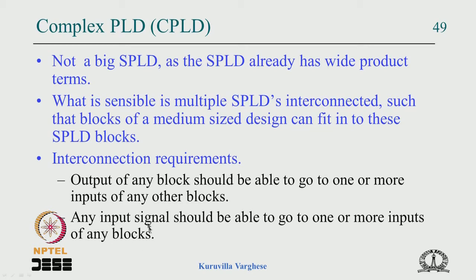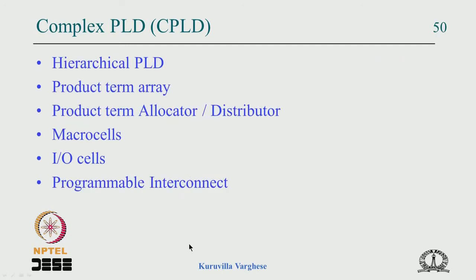Similarly you have input signals, okay, those input signals should be able to go to one or more inputs of any block, okay. And so the complex PLDs or CPLDs are hierarchical PLDs. So these are the simple PLD sections interconnected, okay. So there is a product term array, that is nothing but an array of AND gates, not big numbers like 22V10 where there is 8, 10, 12, 14, 16.